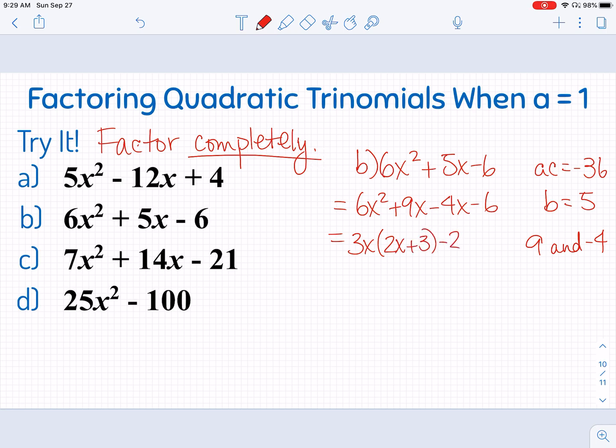The GCF of the second two terms is negative 2. So my final answer is 2x plus 3, 3x minus 2. Okay, next problem.